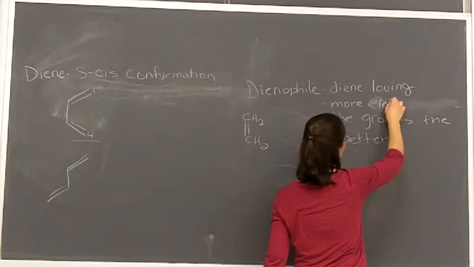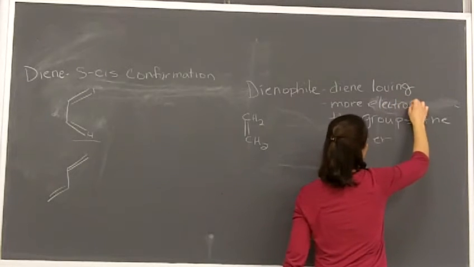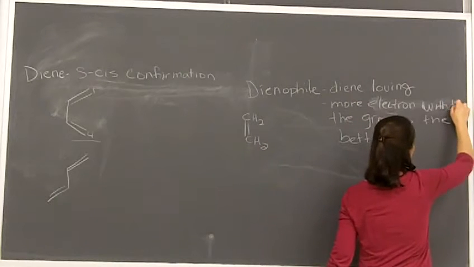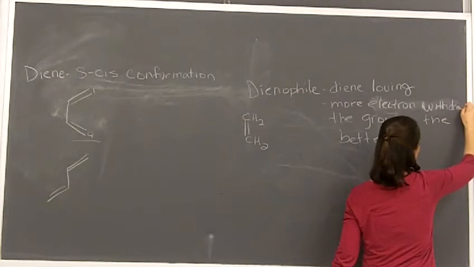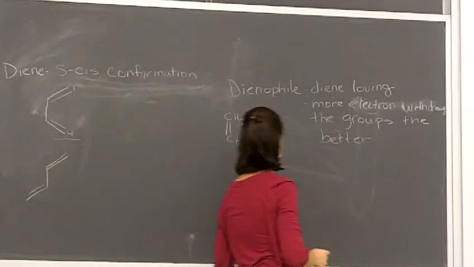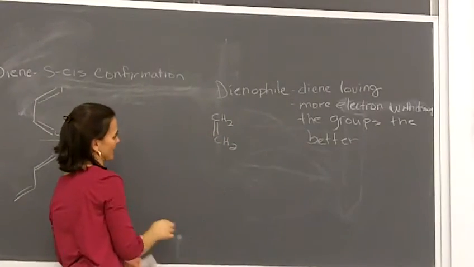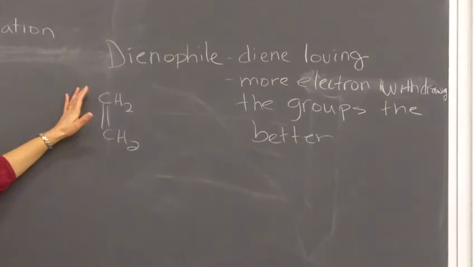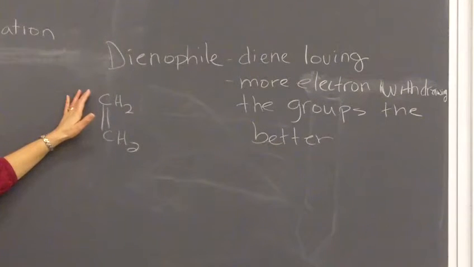So you want more electron withdrawing groups. So you want it to be depleted of electrons, or electron density. So you want it to need that electron density. So ethylene itself, you could react it in a Diels-Alder reaction, but it wouldn't react very well. It wouldn't react very quickly.